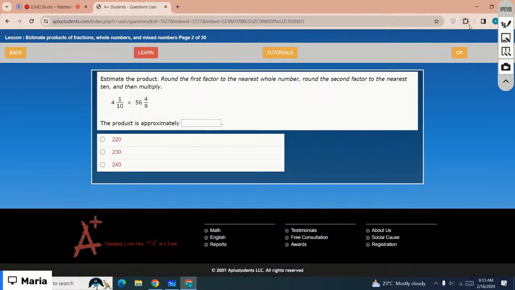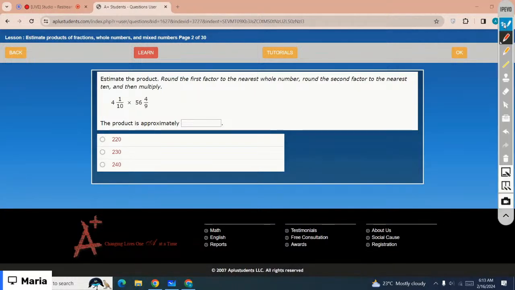Okay, the next one is 4 whole 1 over 10 times 56 whole 4 over 9. You are asked to estimate the product. Round the first factor to the nearest whole number and round the second factor to the nearest 10. So for the first one you have to round to the whole number.